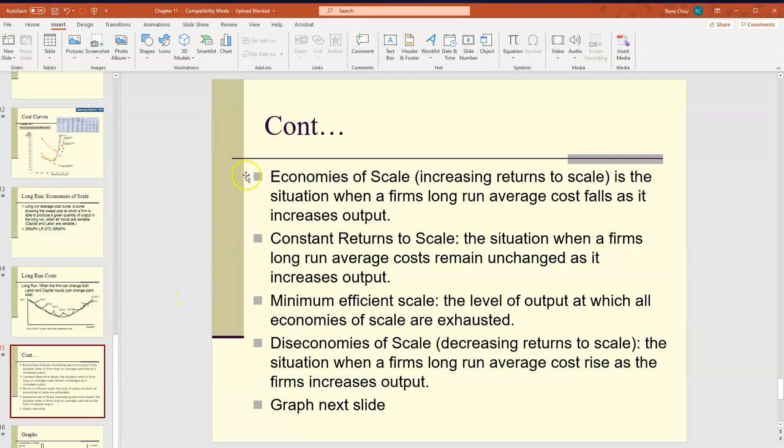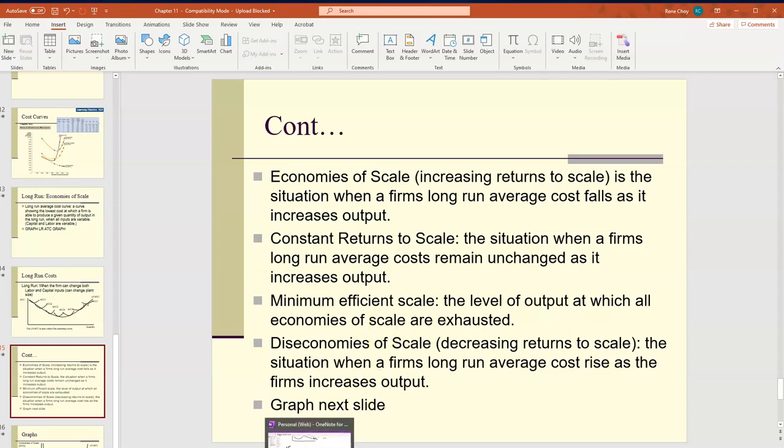All right. Economies of scale, also known as increasing returns to scale, is a situation in which the bigger you are, the cheaper it is to produce. Constant returns to scale is a situation in which the bigger you get, production costs neither increase nor decrease. Minimum efficiency scale is the level of output at which economies of scale are exhausted.